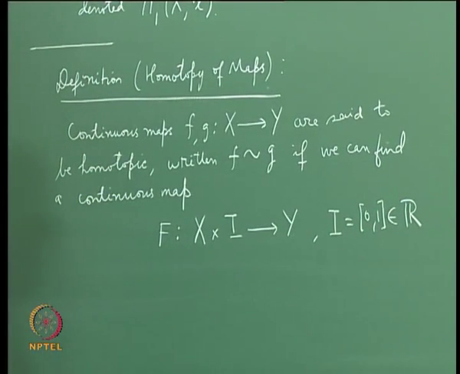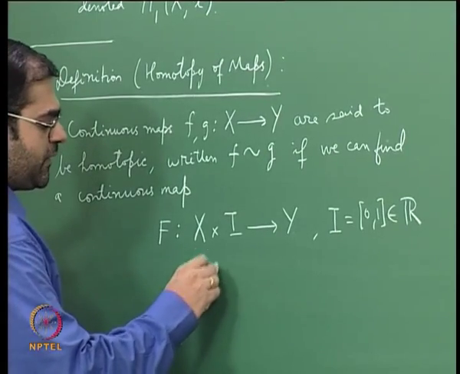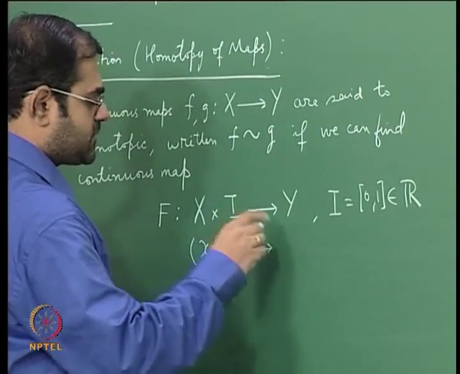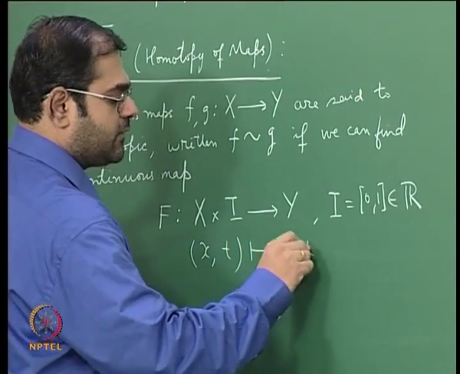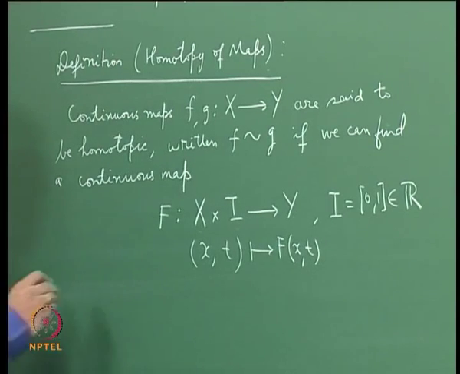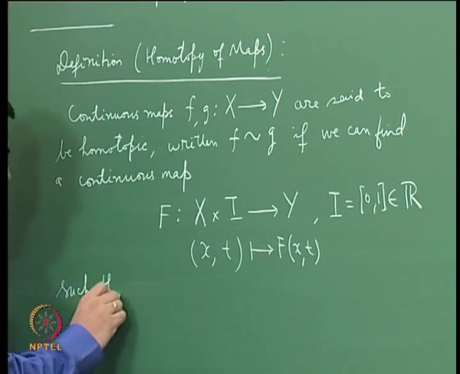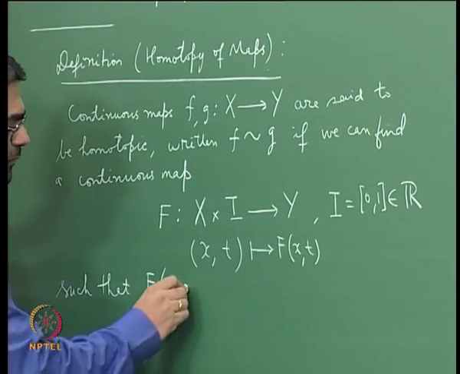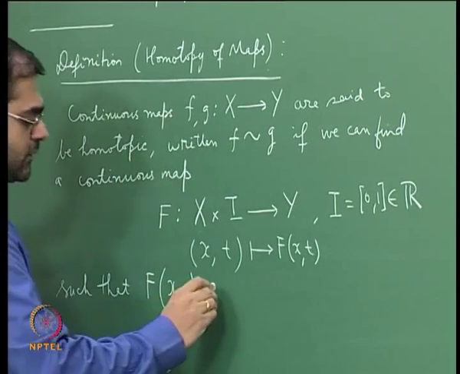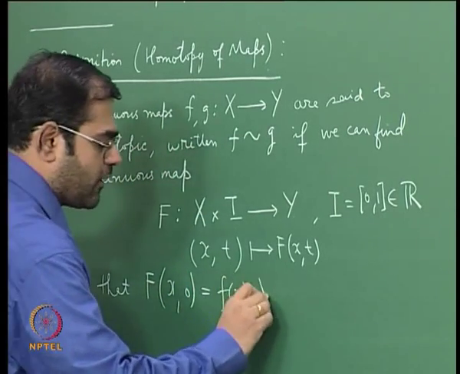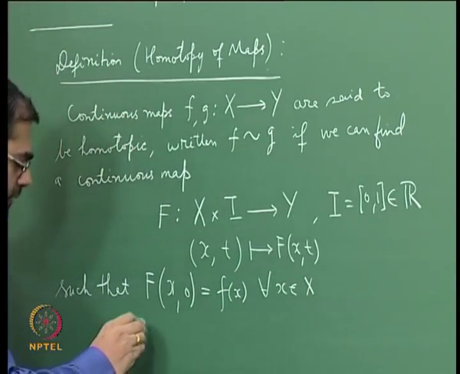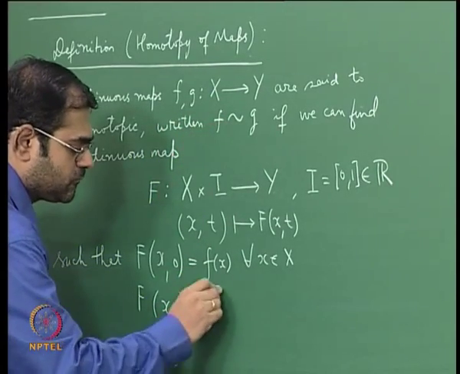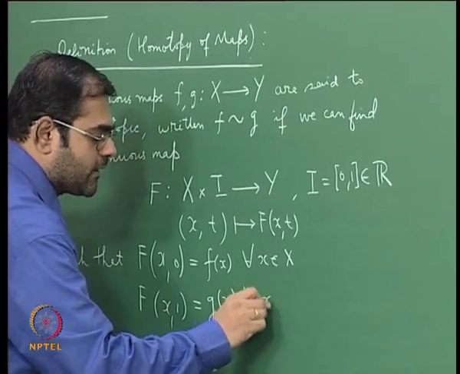So it is a continuous map. So we write a point here as (x, t), and of course it is mapped to the point F of (x, t) in Y, okay, such that F of (x, 0) gives you the first map f for all x and F of (x, 1) gives you the second map g for all x in X.